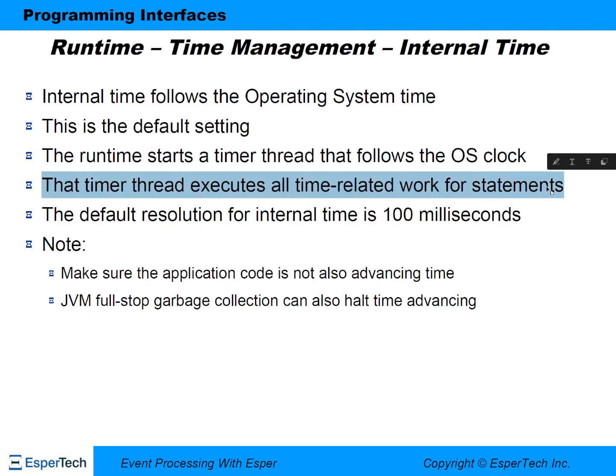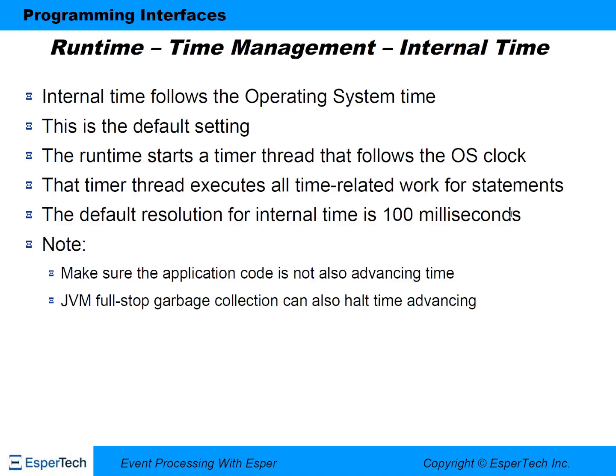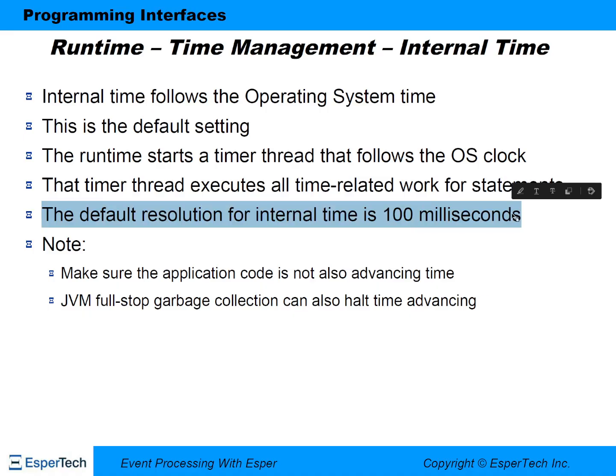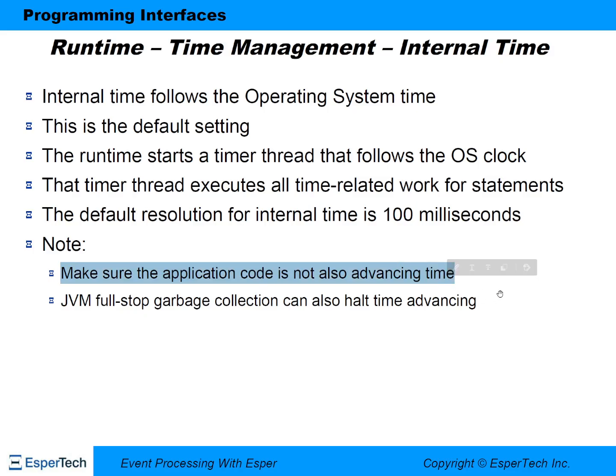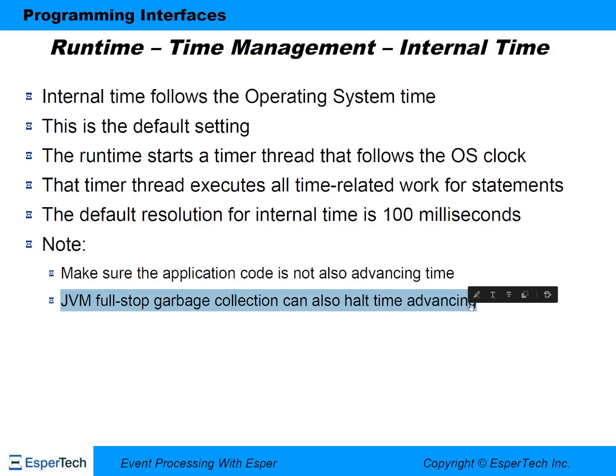That timer thread executes all time-related work for statements. The default resolution for internal time is 100 milliseconds. Note: make sure the application code is not also advancing time. JVM full stop garbage collection can also halt time advancing.